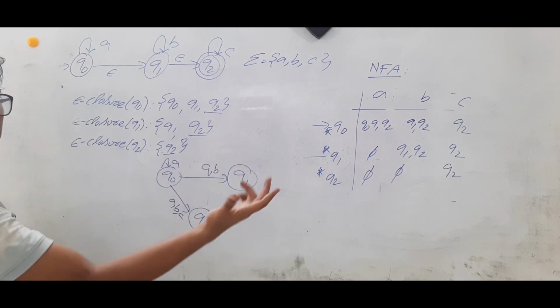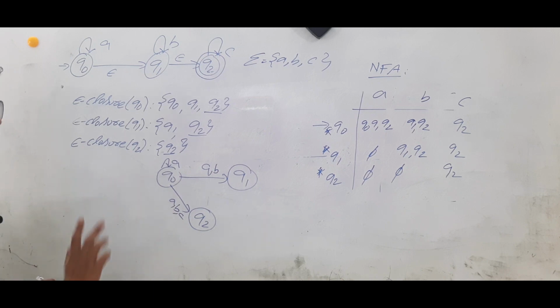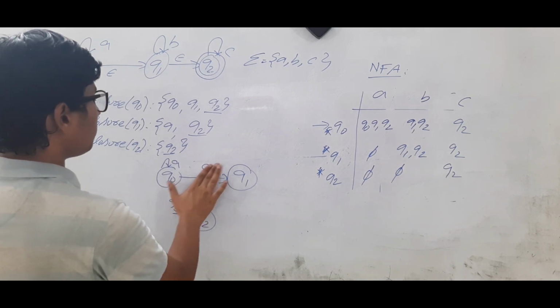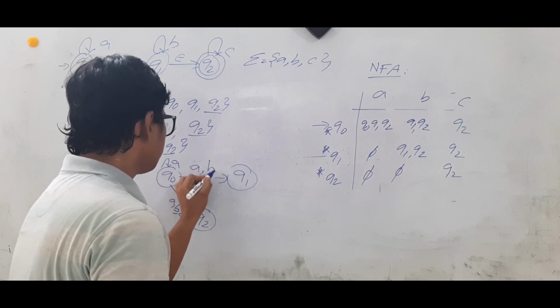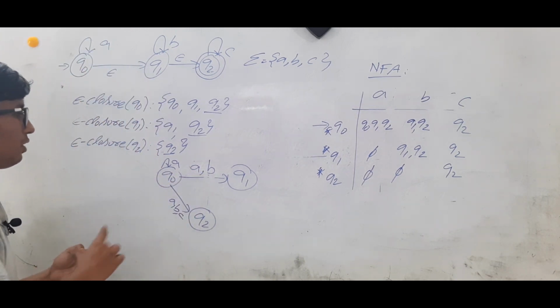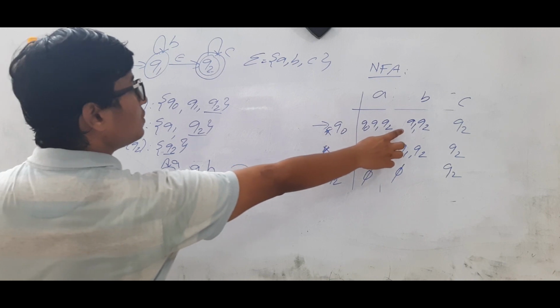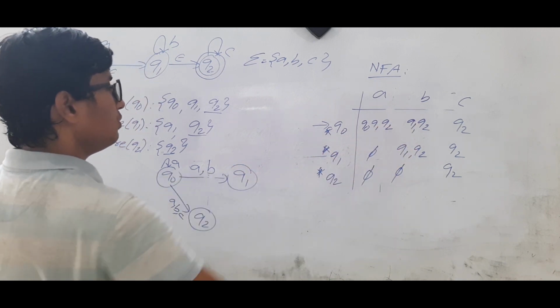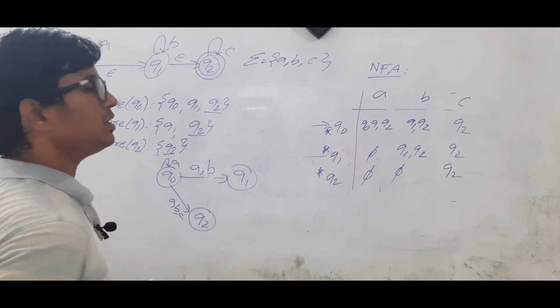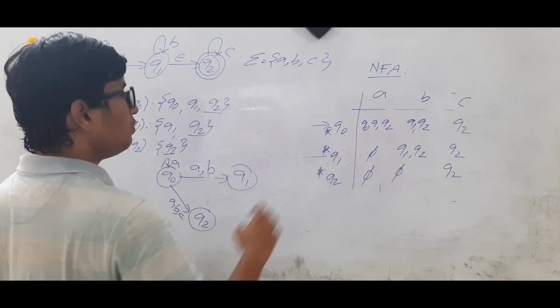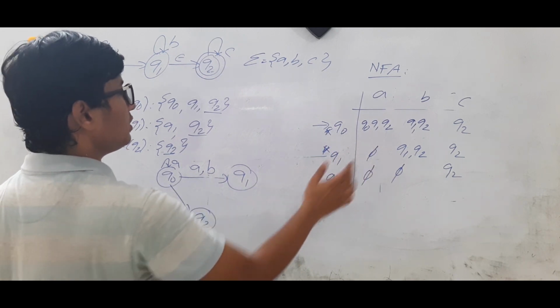So instead of writing multiple edges, I am writing like this. So Q0 on A comma B, it is A comma B. Sorry for my handwriting, please bear with it. Okay, Q0 on A comma B is going to Q1, and Q1 on A and B. So that's why I have represented it. So Q0 on A, B, C we have represented. Q1 on A is not going anywhere.